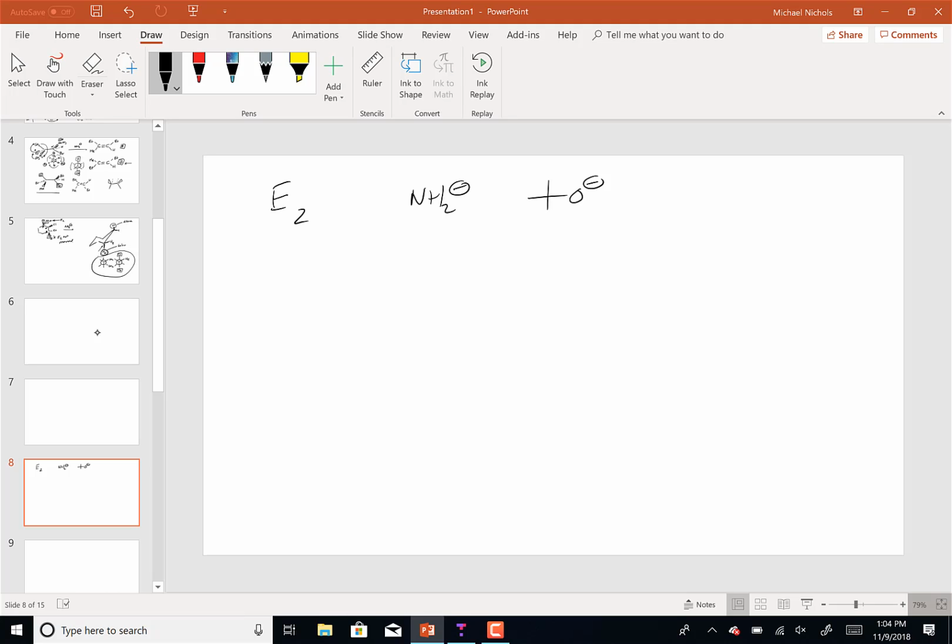The other thing we're also doing is deprotonating the beta hydrogen, and that beta hydrogen has to go through an anti-periplanar transition state.